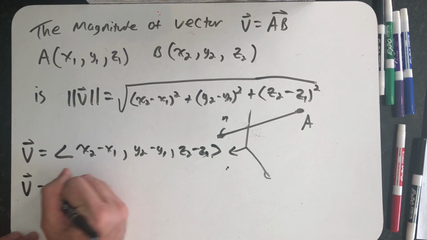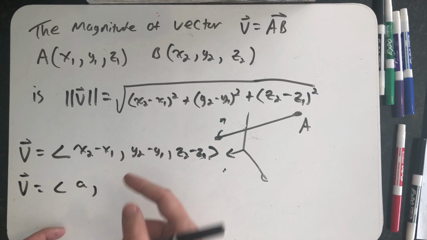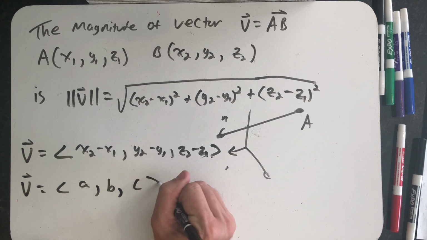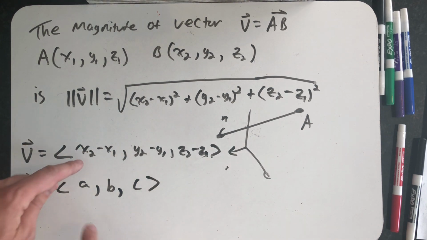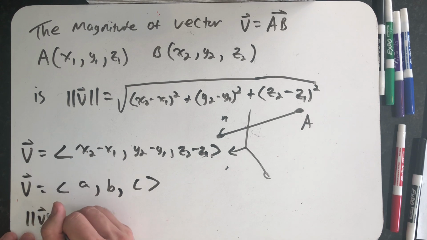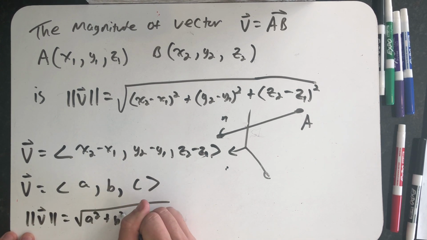When I subtract x2 and x1, I just get a number. When I subtract y2 and y1, I get a number. I just get a vector a, b, c, and replacing these bits, the magnitude of vector v is simply the square root of a squared plus b squared plus c squared.